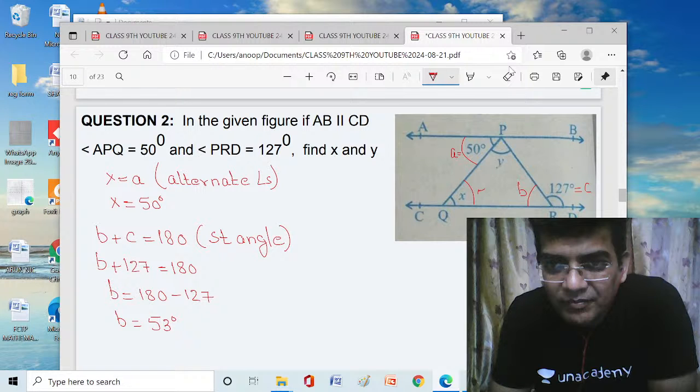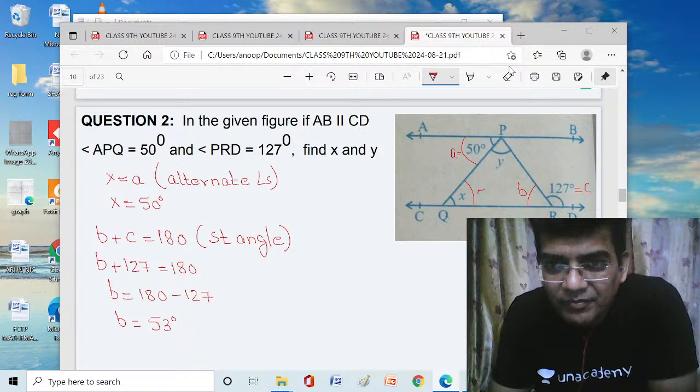So see, y can be calculated from this triangle. You know that the sum of the angles in a triangle is equal to 180. So we can write like this: y plus x plus b is equal to 180, right?